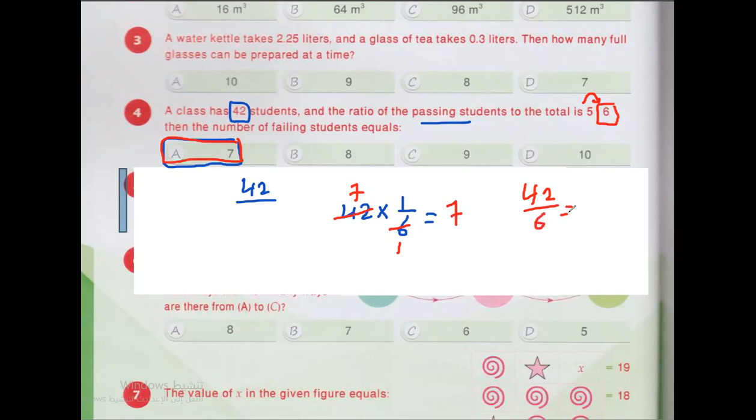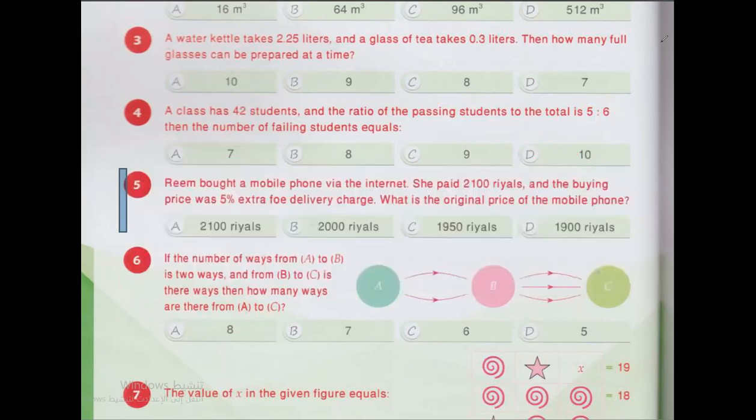You divide 42 by 6, and we write 7. That is 7 for each bar. If he asks me about the passing students, you multiply 7 by 5, which is 35. And then you minus 35 from 42, which is 7. Or 7 times the 1 bar is 7. That's the failing students. Is it clear, my student?